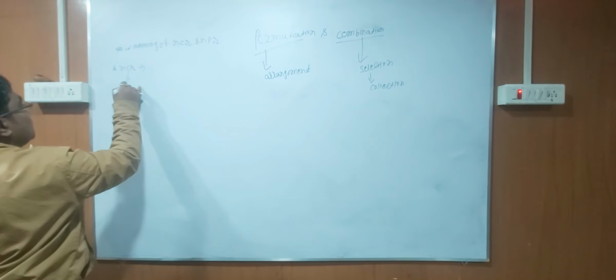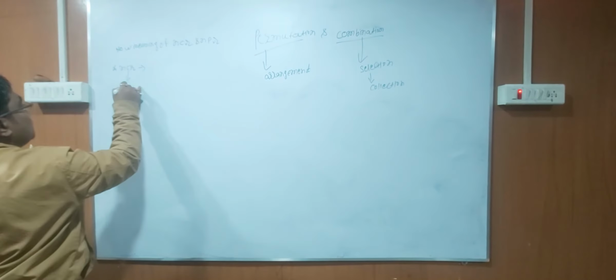And NCR equals factorial n upon factorial n minus r into factorial r. This is the formula.